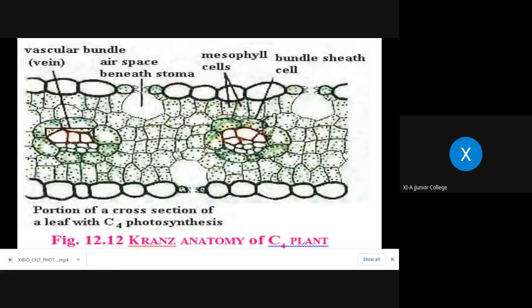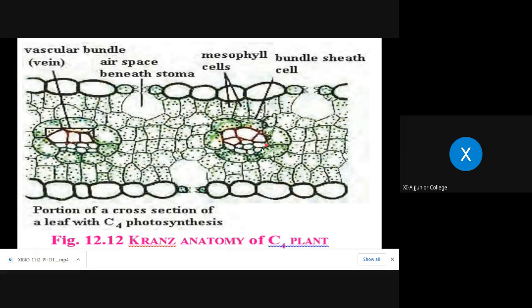The first stable compound is the 4-carbon compound called OAA, which later gets converted into malate, and that malate is transported to the bundle sheath cells, where this 4-carbon malate gets converted into the 3-carbon compound, and the CO2 which is released is accepted by RuBP, which continues the C3 pathway. So bundle sheath cells show the C3 pathway, whereas mesophyll cells show the C4 pathway.